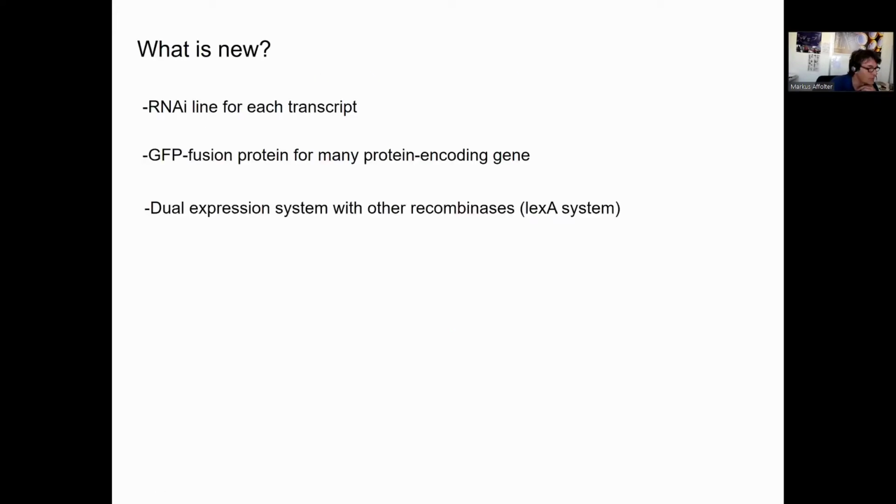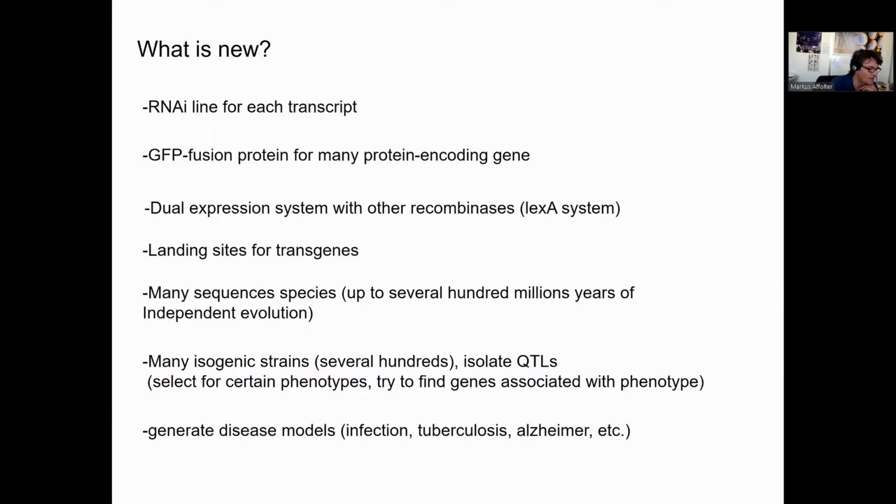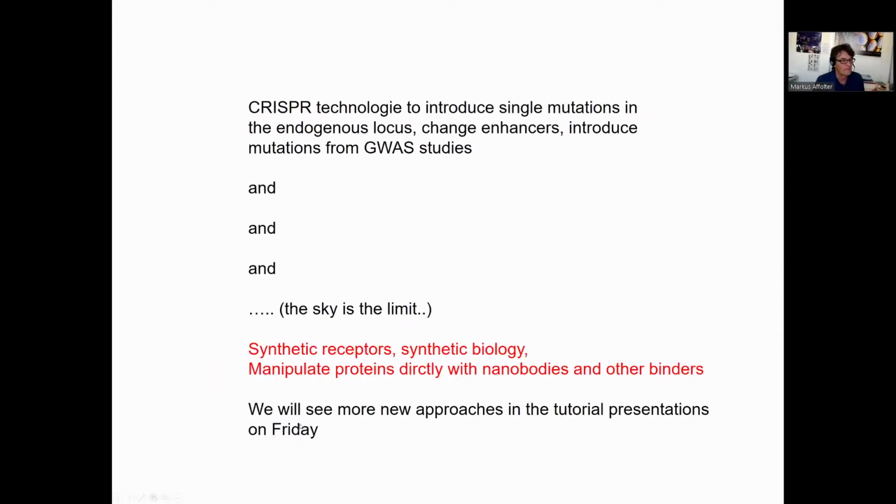There are a lot of new things in flies that are very useful now. People start to do disease models much more now in flies. I'm pretty sure that some people work on coronavirus interactions in flies. We have also seen these synthetic receptors from Shinya, a synthetic receptor that binds GFP, and so it has a binder, we put GFP on DPP. This is synthetic biology. This field is new, maybe 8 years old in flies, but it's only emerging now.